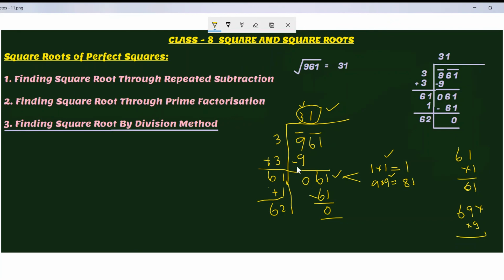You can see 62 is twice of 31. Then our answer is right. If this number is not twice of this number, then our answer is wrong. In this way, we can find out the square root of any number by using the long division method.